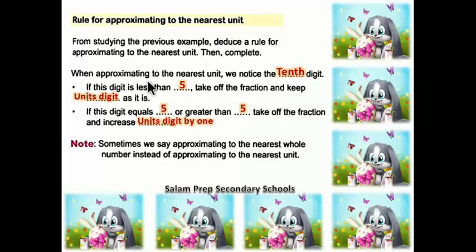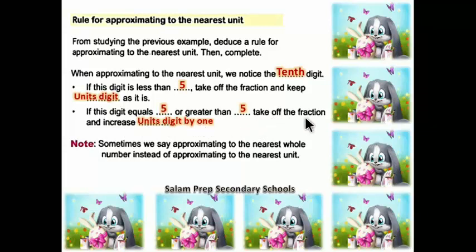Please remember rule for approximating to the nearest unit. When approximating to the nearest unit, we note the tenths digit. If this digit is less than 5, take off the fraction and keep the units digit as it is. If this digit equals 5 or greater than 5, take off the fraction and increase units digit by 1.